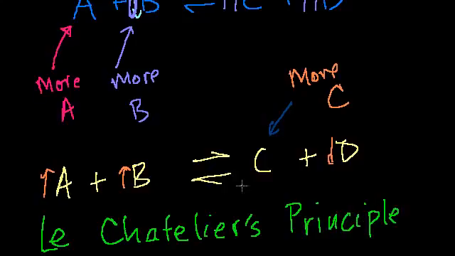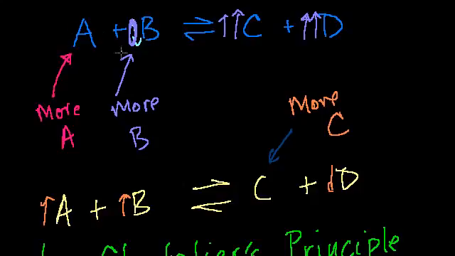And all it says is that when you stress a reaction that's in equilibrium, the reaction will favor one side of the reaction to relieve that stress. When they say stress the reaction, that's like adding more A. So the reaction is going to move towards the forward direction to relieve the quote-unquote stress of that more A. That's not stress in its traditional way of thinking, but it is a kind of stress. You're somehow changing it relative to before, when it was nice and comfortable in a stable environment.